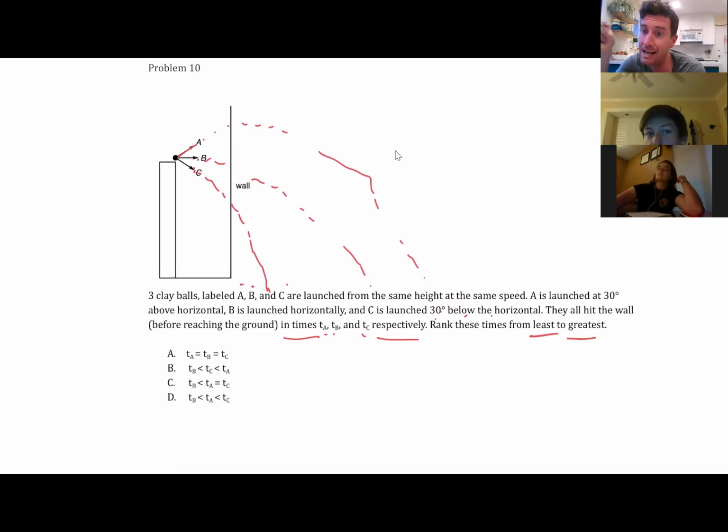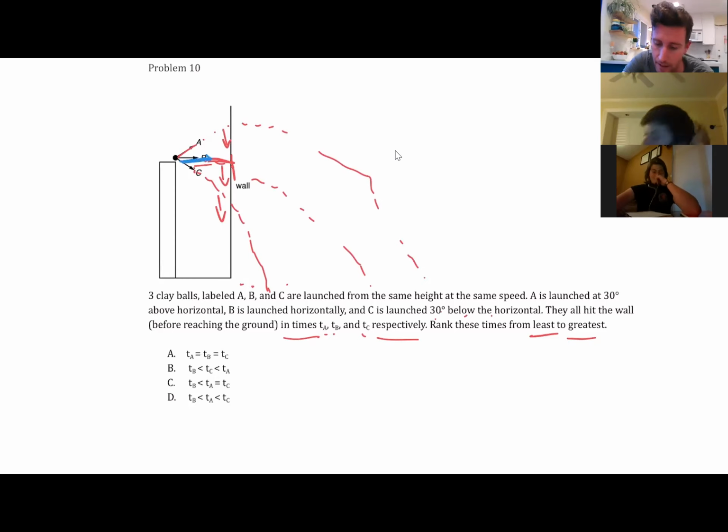And because I'm looking at times, I'm just going to look at what ratio of the velocity is going horizontally. Because what controls when it hits the wall? It's the horizontal component, right? The vertical component is going to be the same for all of them. They're all going to fall with the acceleration due to gravity. So the question is, how much of their original velocity goes horizontally?